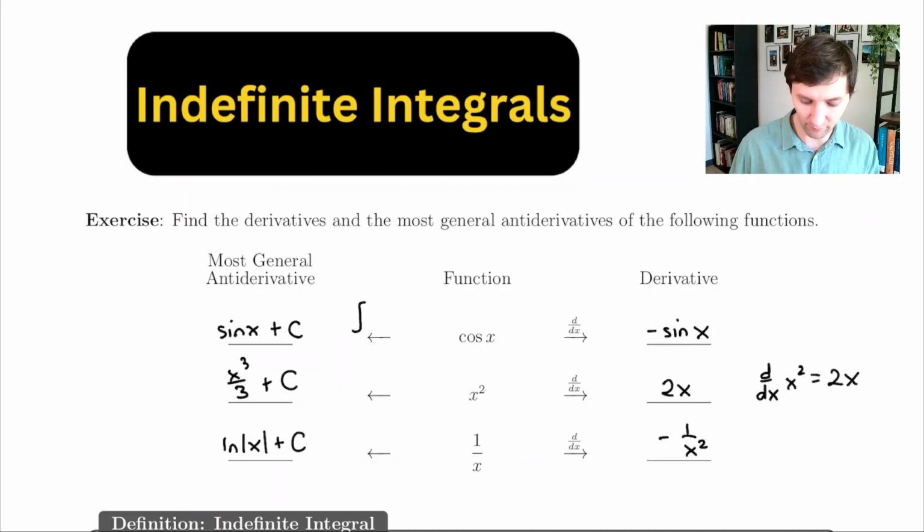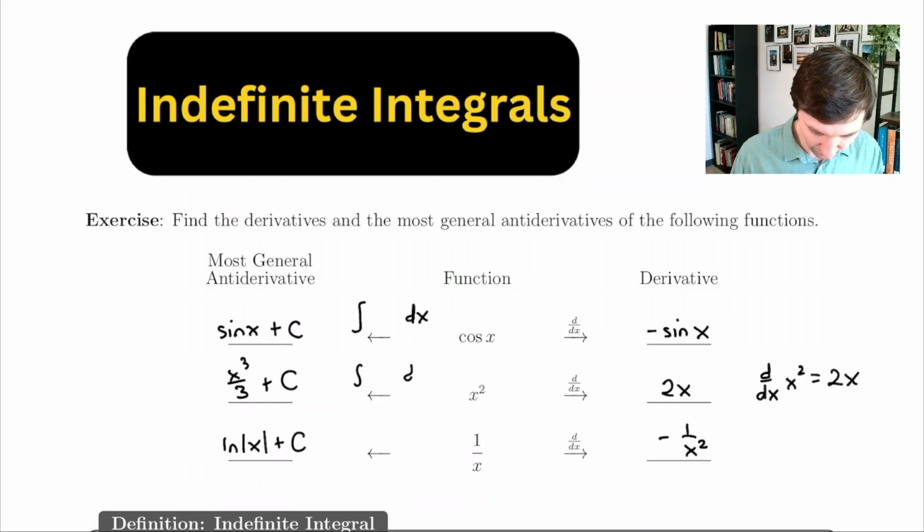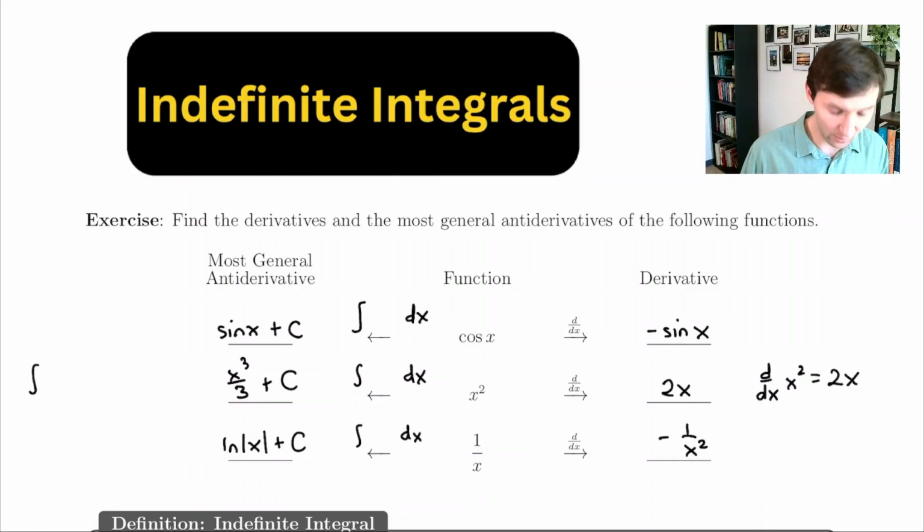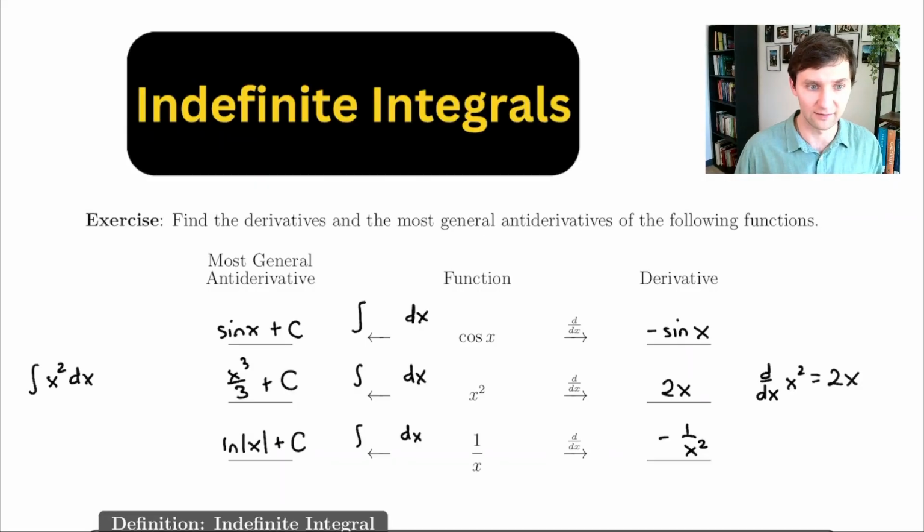They write that symbol, then they write a function on the right side of that symbol, and then they end it with dx. For example, if I wanted to say, let's take the most general antiderivative of x squared, I would write integral of x squared, and I would end it with dx.